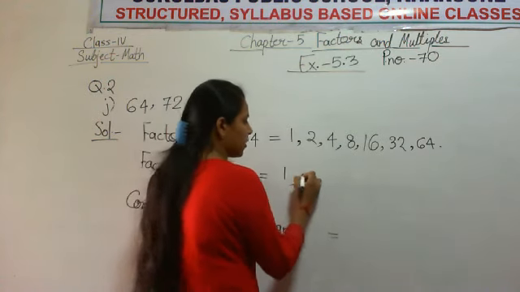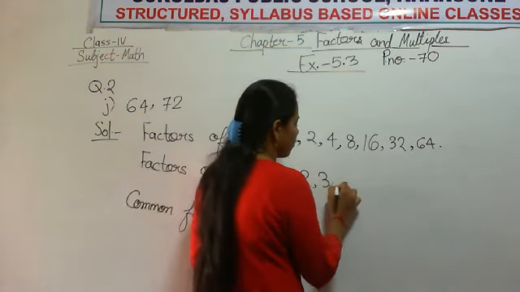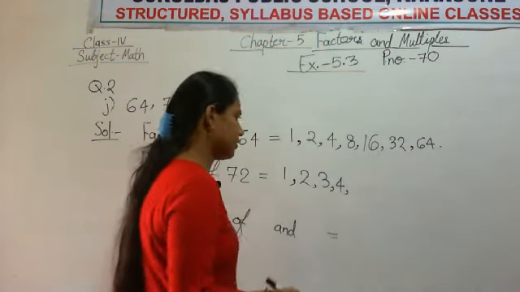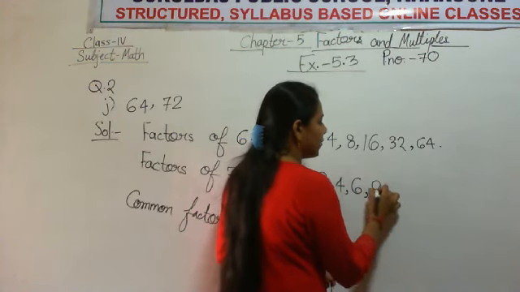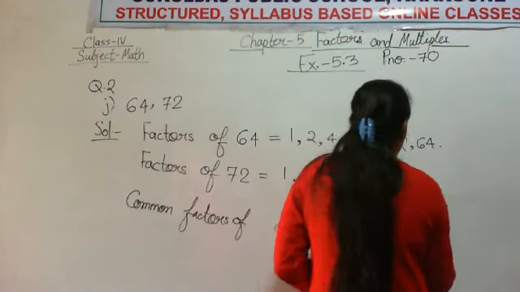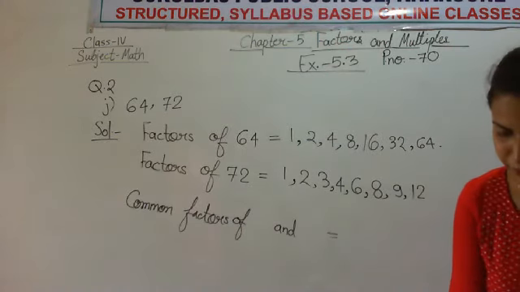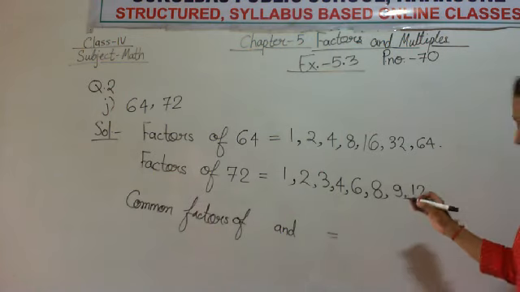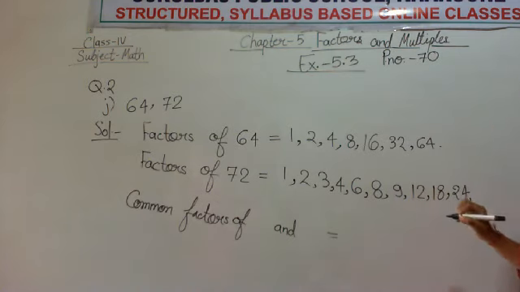Then it is an even number, so 2 will be its factor, and 3 is its factor, 4 is its factor, then 6 is its factor, 8, 9, 12, and 18. Number 24 is a factor of 72, and 36 and 72 itself. All these are the factors for number 72.